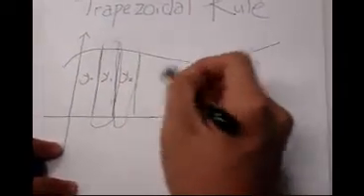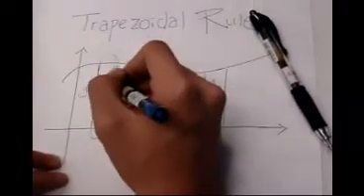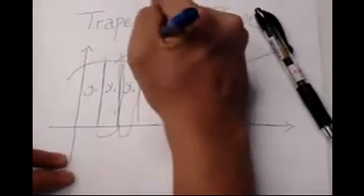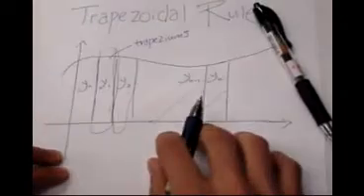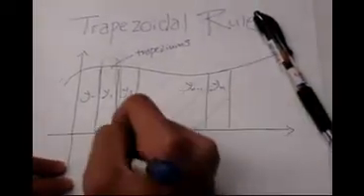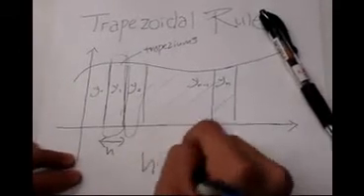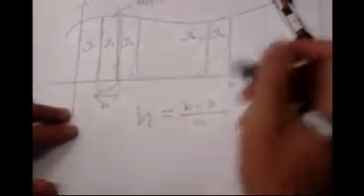It is divided into different small trapeziums, and the width of every single one is h. And h is equal to (b minus a) over n, b being the upper limit and a being the lower limit.